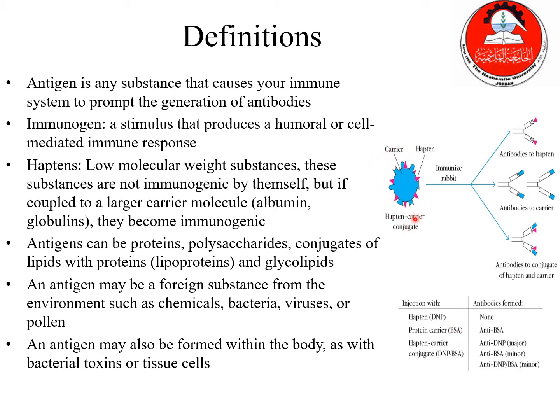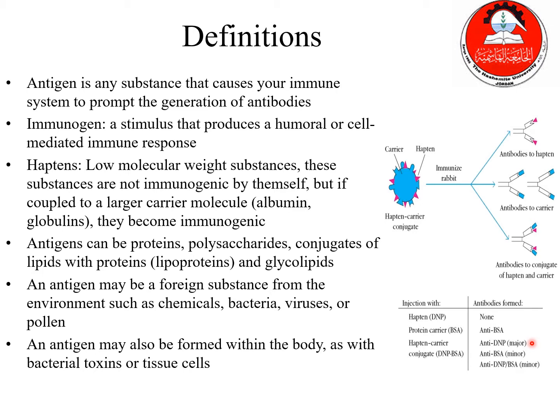Once the hapten is conjugated with the carrier, this is going to lead to production of antibodies against the hapten and against the carrier. But mostly antibody production is going to be towards the hapten itself.